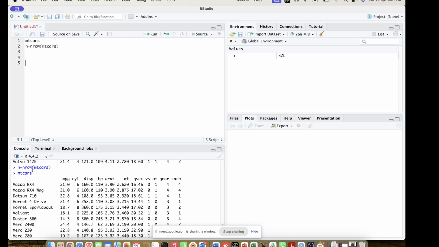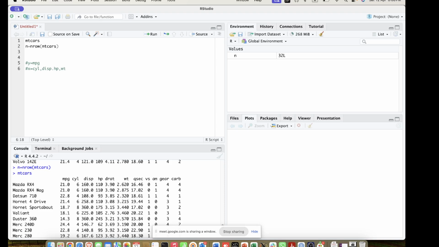Now this is our dataset where y is nothing but mpg, and x, let's say we consider cyl, disp, hp, and wt.